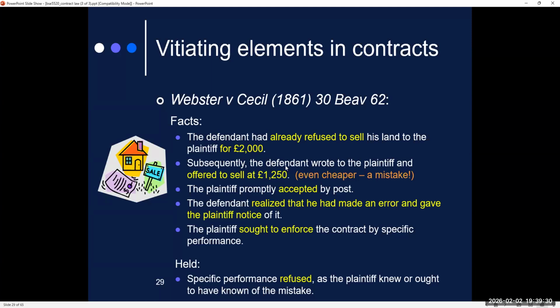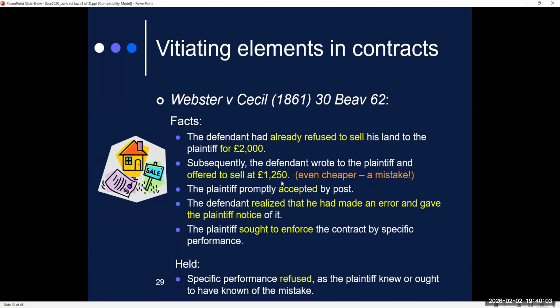Subsequently, D wrote to the plaintiff and offered to sell it at 1,250. So D already refused to sell it at 2,000. How come D would write to P saying, I would like to sell it at 1,250? It must be a mistake, right? That is even cheaper than the original refusal price? No way, right? Should be a mistake.